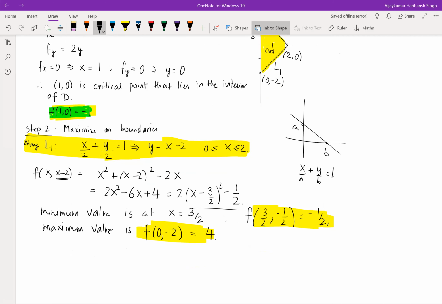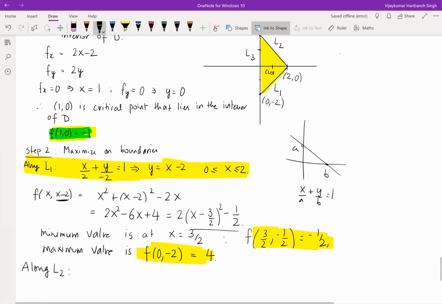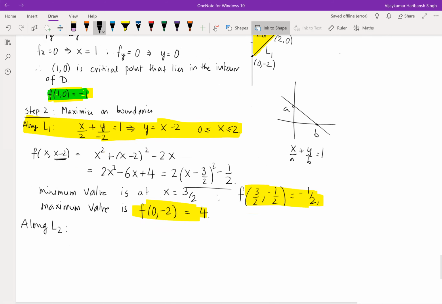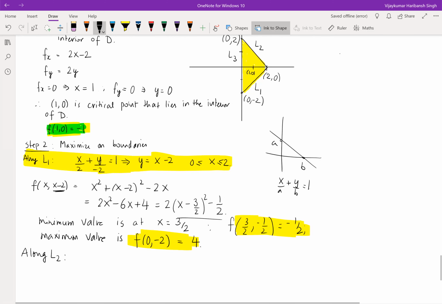So along L2, what is the equation of L2? In the same way, this point is 0, 2, so L2 is x by 2 plus y by 2 equals 1, or we can write it as y equals 2 minus x, and x is again between 0 and 2.